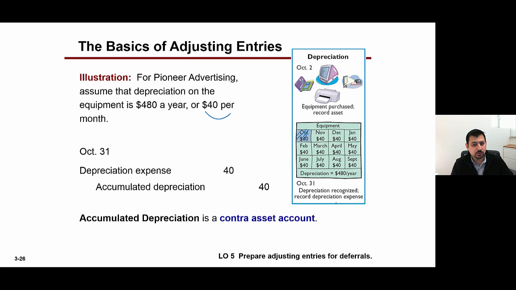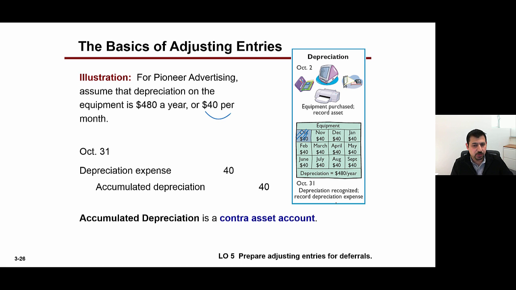So later on we will treat them more or less as a bundle: equipment less accumulated depreciation for equipment. In the ledger as well as on the balance sheet, accumulated depreciation shows immediately after the asset.